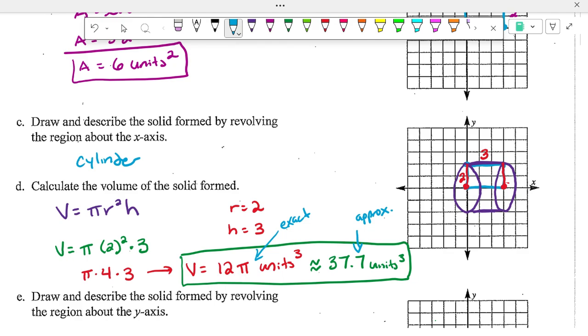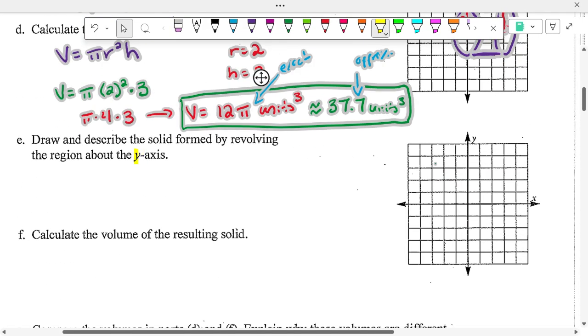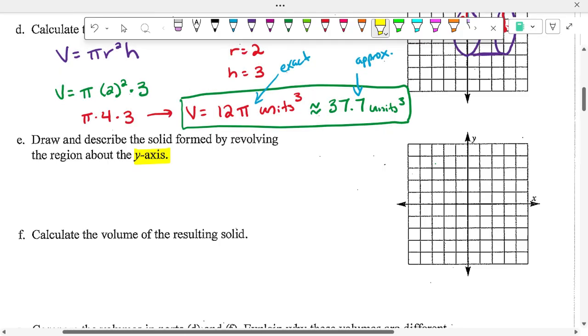Now, that was when we rotated about the x-axis. All right. Now, let's rotate around the y-axis. So if we rotate that same rectangle, so I'm going to draw it again, around the y-axis, what would it form?